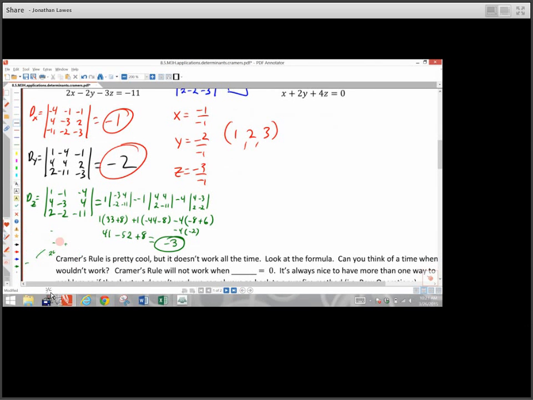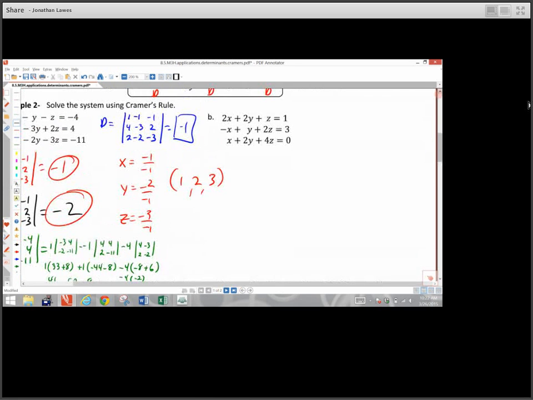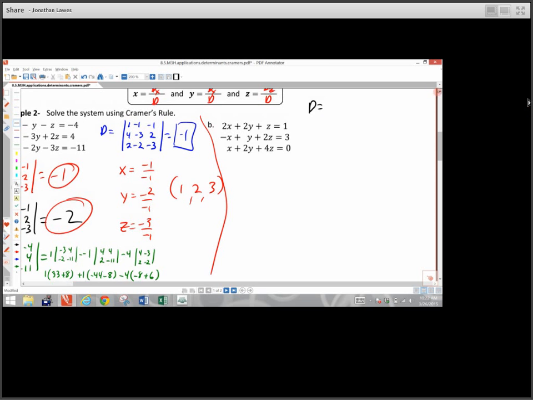Okay. This is why you'd want to be very careful and why you'd want to split them up. So let's take a look at this next one. Let's see if we can do a little bit better here. Let's write down D. Let's make sure everybody can write them down correctly.